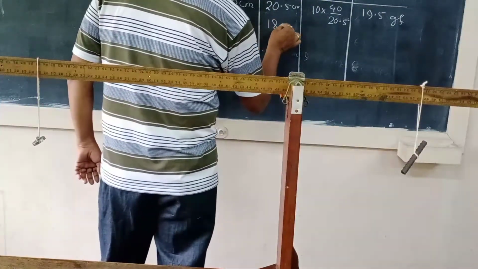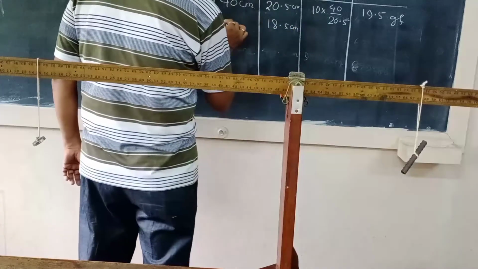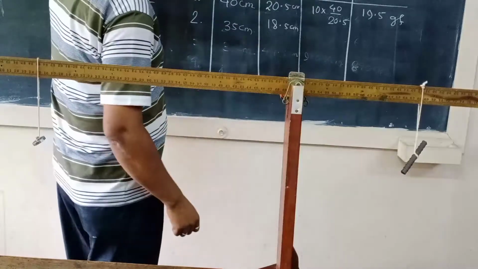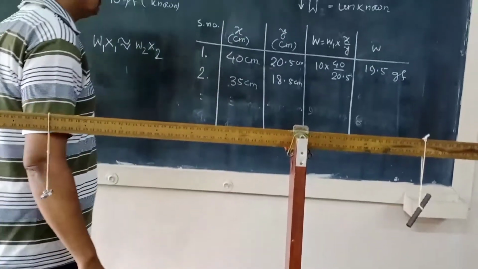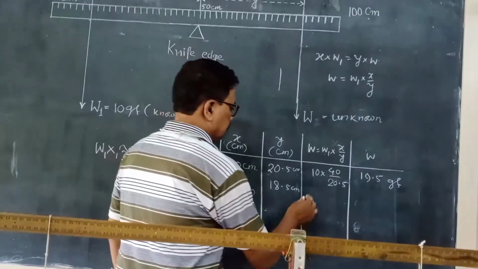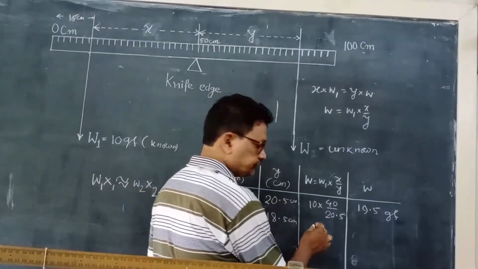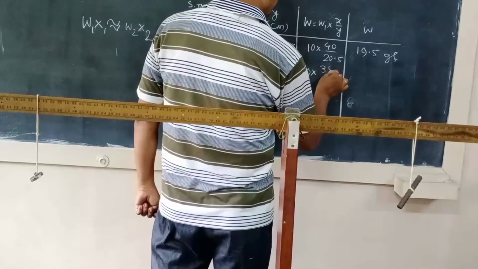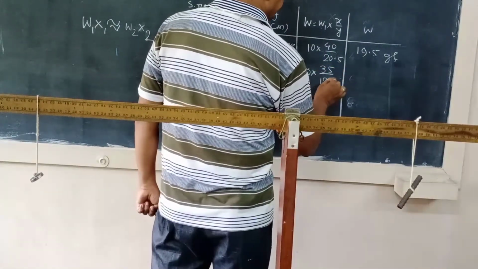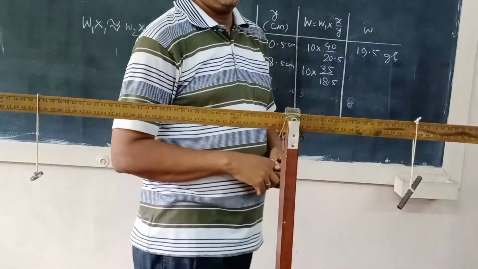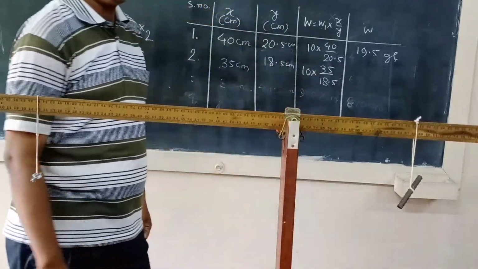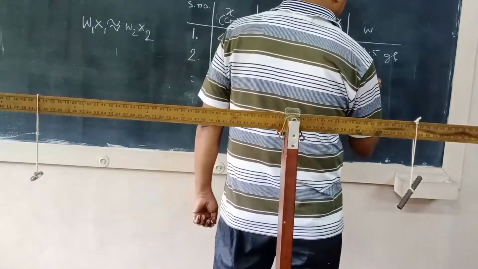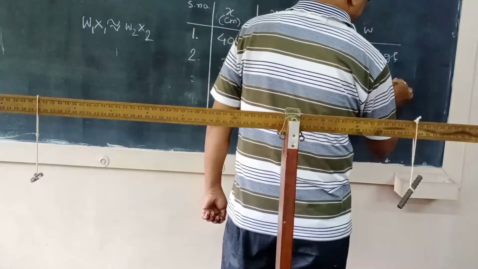This reading is 18.5 centimeter, and the distance between the fulcrum and the known weight is 35 centimeter. So the result is 10 into 35 divided by 18.5, so it is coming 18.9 gf.